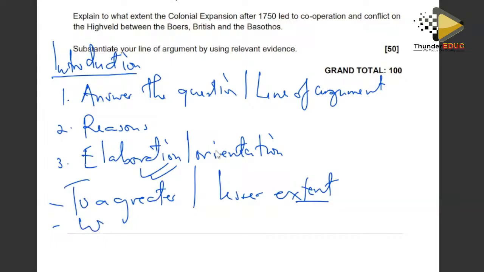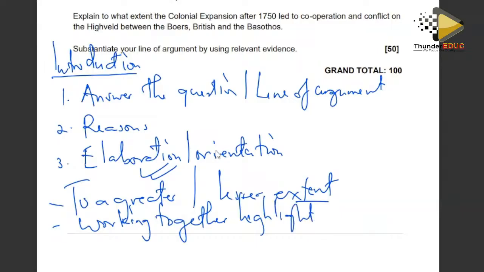Cooperation, we are saying, what instances of working together were there because of colonial expansion in the Highveld? Which groups were working together and which groups were conflicting with one another? So you highlight, you are not explaining there, you are highlighting events of cooperation and conflict. You're just highlighting.